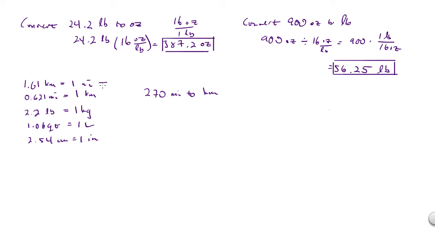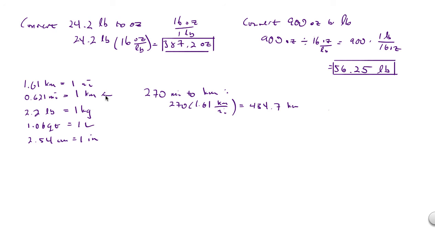If I happen to know this conversion rate, 1.61 kilometers per mile, I should be able to multiply 270 by 1.61 kilometers per mile, and that's 434.7 kilometers.